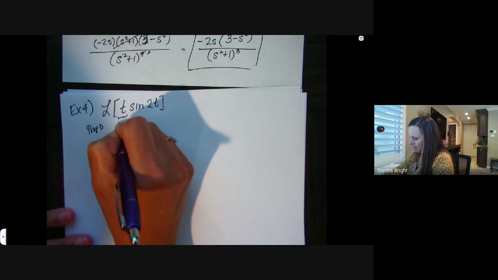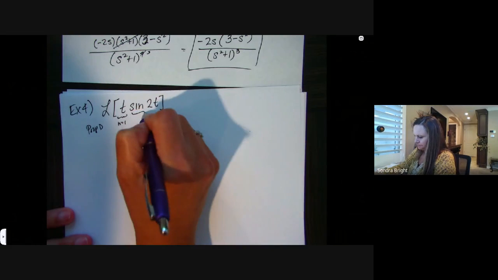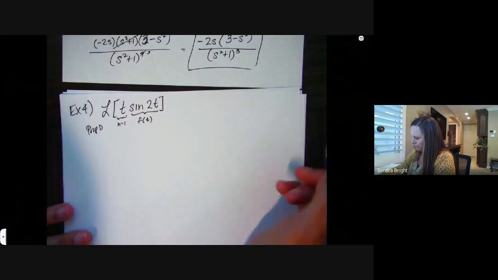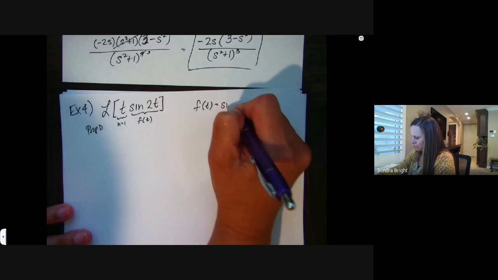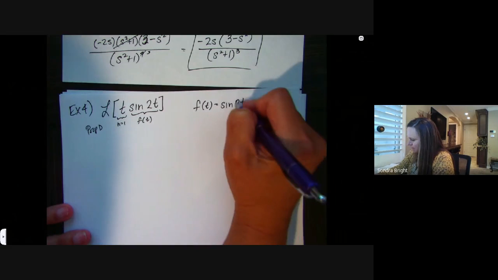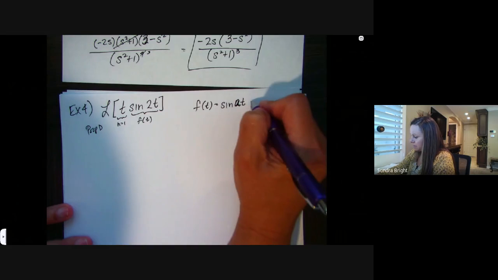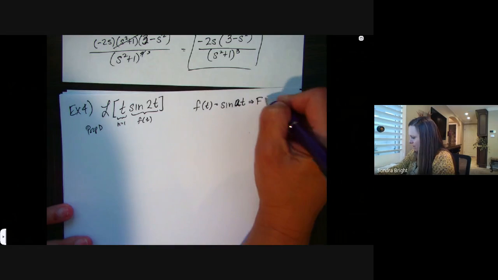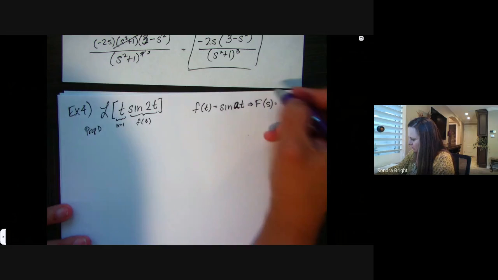And so if f of t is sine of 2t, or here, if it was sine of at, do you remember from the other day, when little f was sine of at, then big F was a over s squared plus a squared.